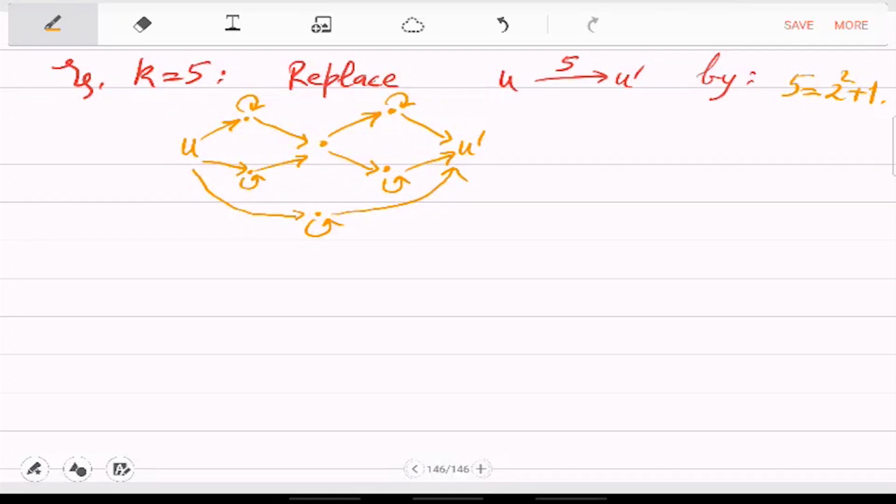Instead of a single edge, you replace it by a gadget which will not be very big. Since we are using binary representation, it's logarithmic size, log k. So the gadget has size big O of log squared k.